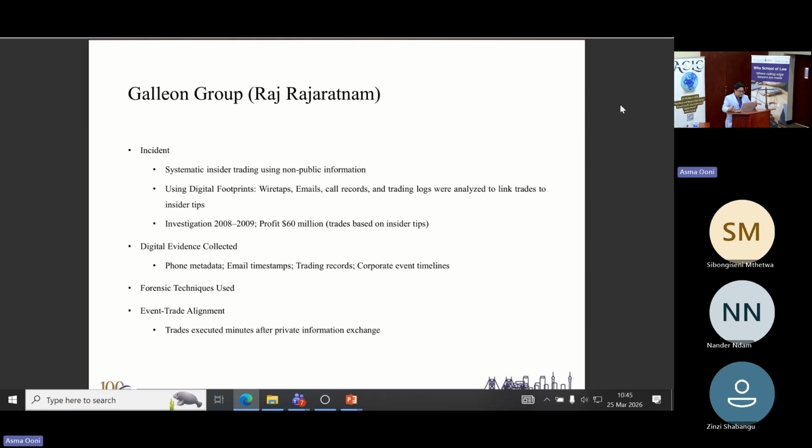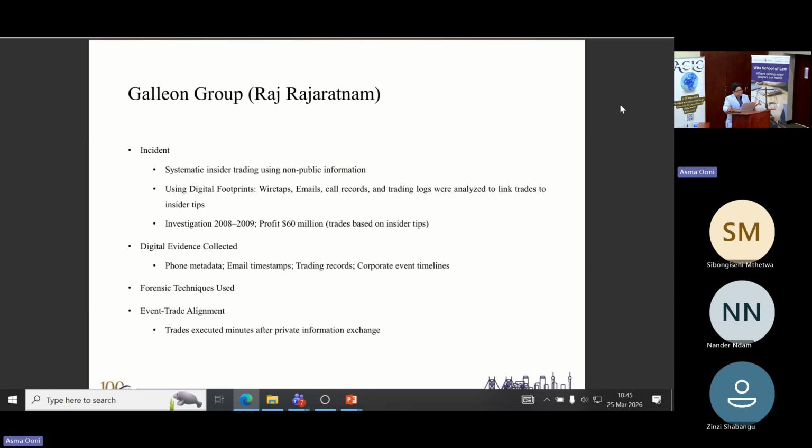Now, what digital evidence did they collect? Your phone metadata, email timestamps, trading records, and the corporate event timeline. They actually created a timeline of what would happen in normal instances and what actually happened. Based on that, they easily traced it out.